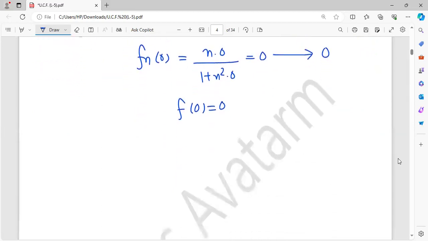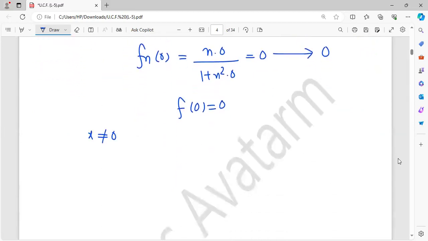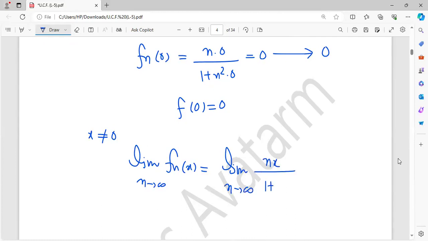Now if x is not 0, what is the limit as n tends to infinity of fn(x), that is, nx upon 1 plus n square x square?